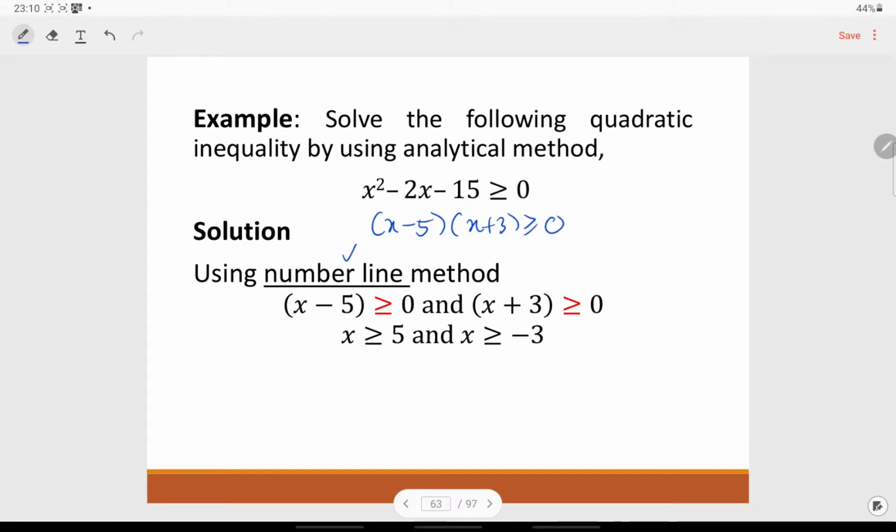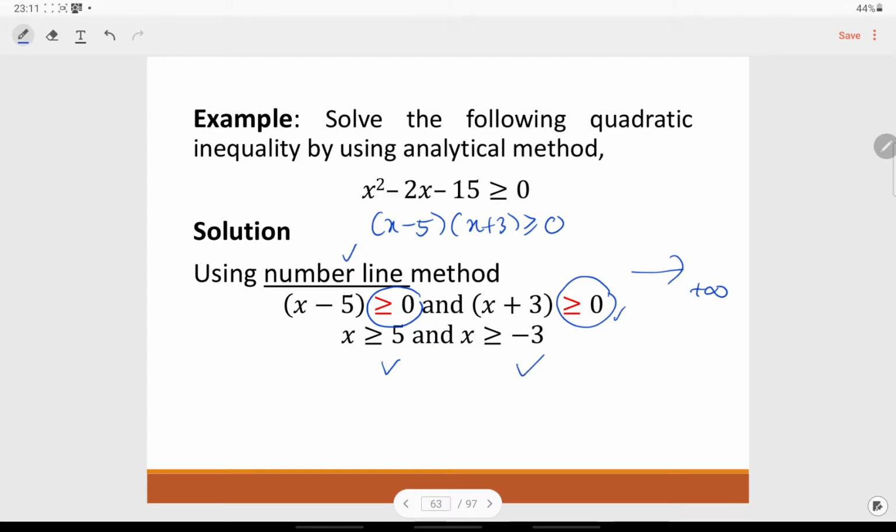In the number line method, we need to consider both values as pointing to positive infinity, because we are dealing with greater than or equal to. So we consider greater than or equal to 0 and greater than or equal to 0. We solve for x, so we have x is greater than or equal to 5, and x is greater than or equal to negative 3.